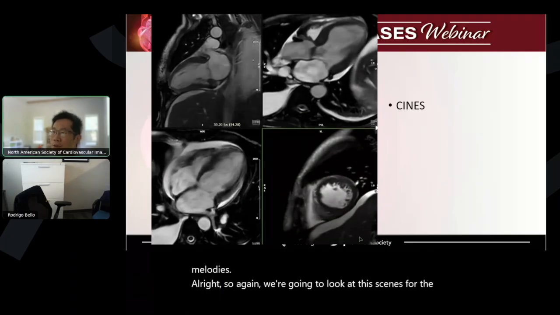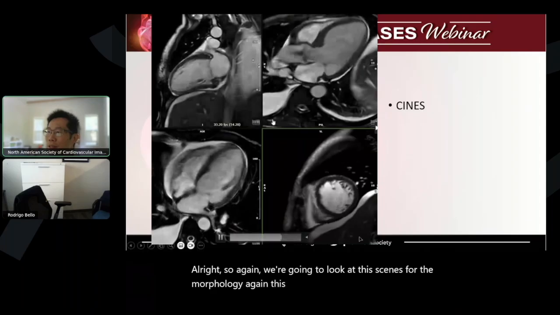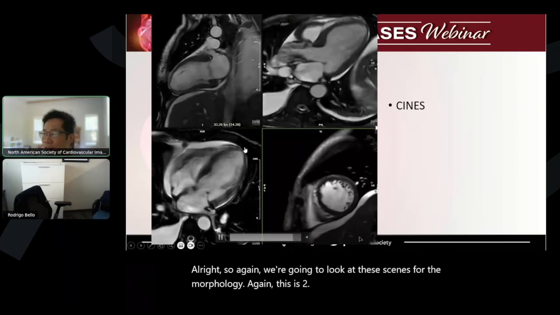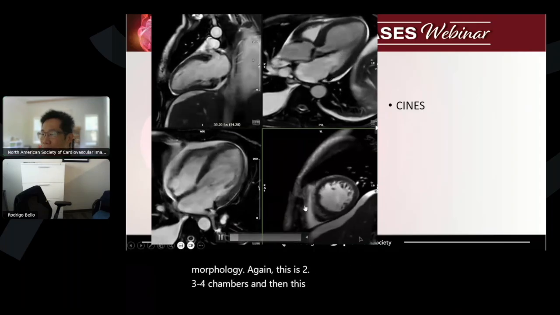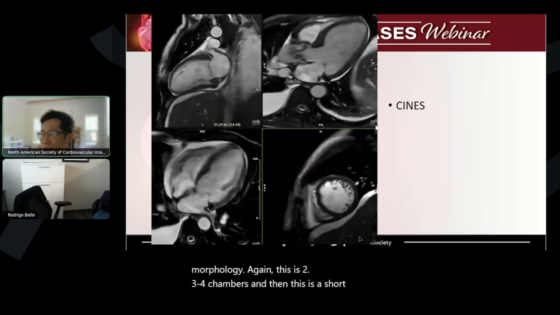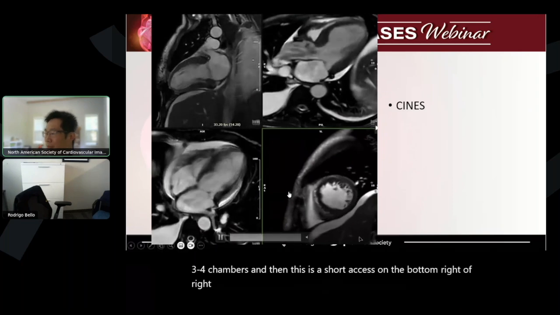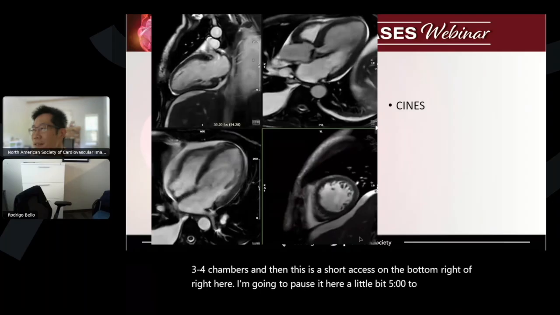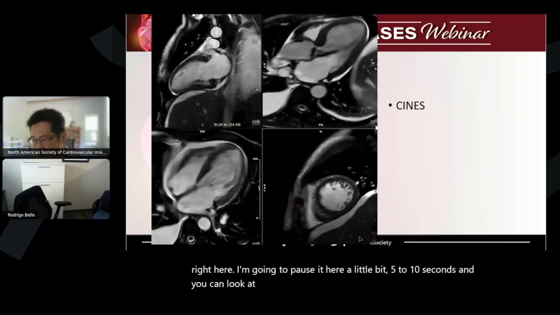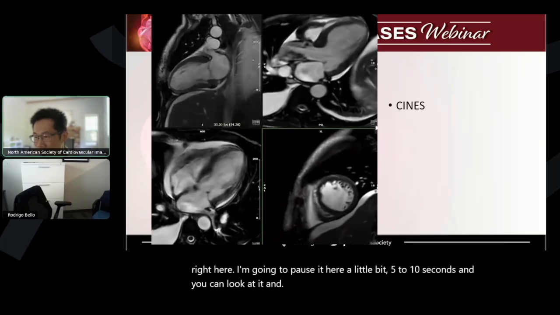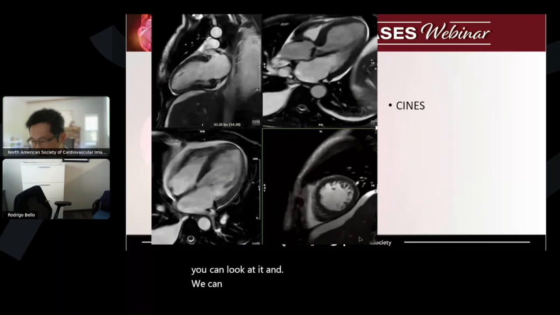Again, these are 2, 3, 4 chambers, and this is a short axis on the bottom right. I'm going to pause here a little bit, 5 to 10 seconds, and you can look at it, and if you have thoughts, just let me know.